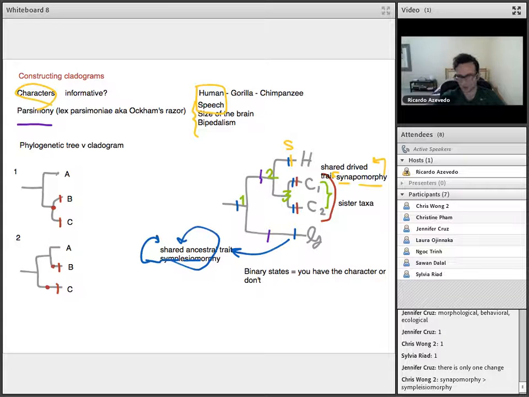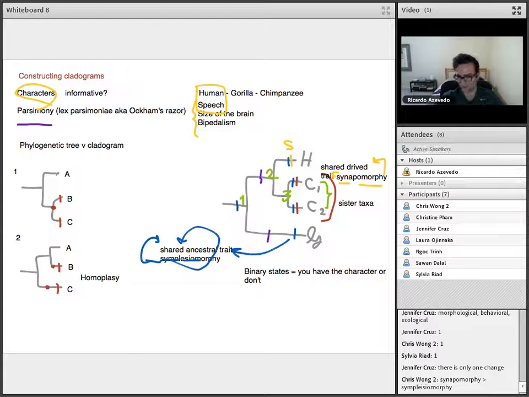One. So why is that? Why was it immediately obvious to Jennifer, Chris, and Sylvia that number 1 is the clear winner? There's only one change, as Jennifer pointed out, and I think Chris is also going to point out the same thing.